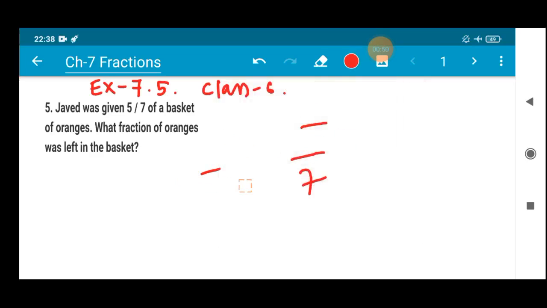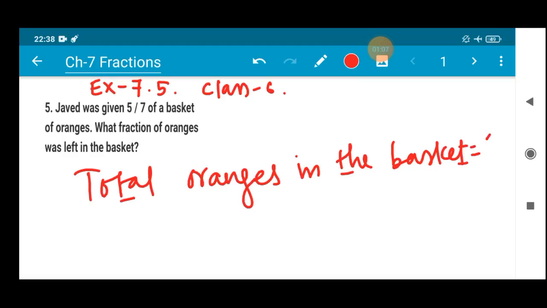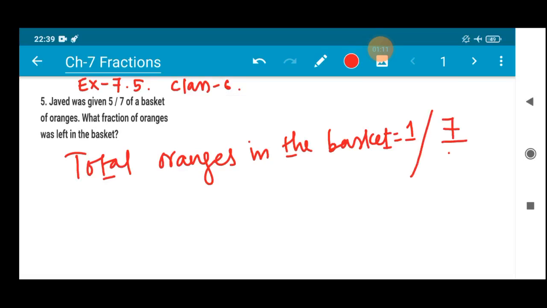Okay, very simple. So let us solve it. So total oranges in the basket was how much? 1, or I can write it as 7 by 7, because it will also represent the whole, that is the whole value 1, right?